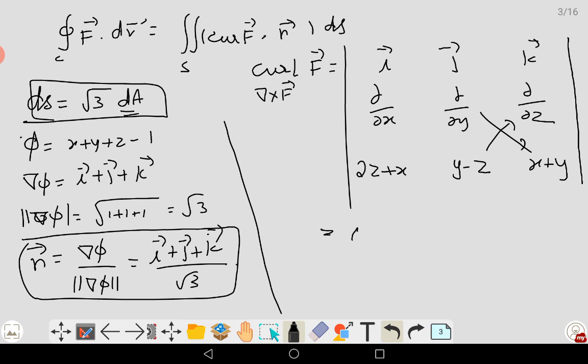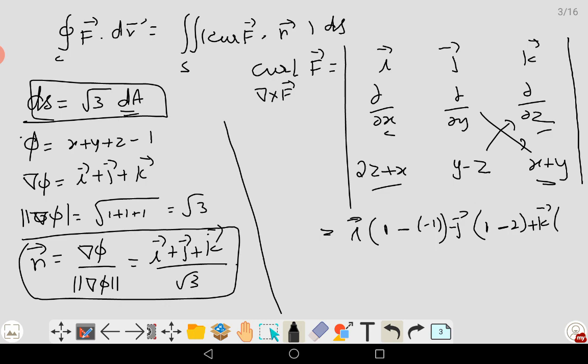For i vector, it is 1 minus 1. Minus j vector: for j vector, this with this one is 1 minus, this one minus 2.